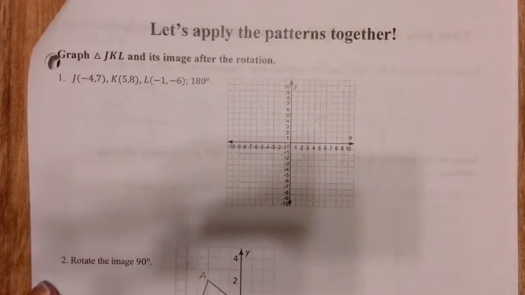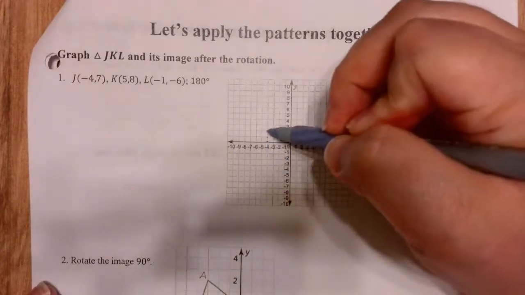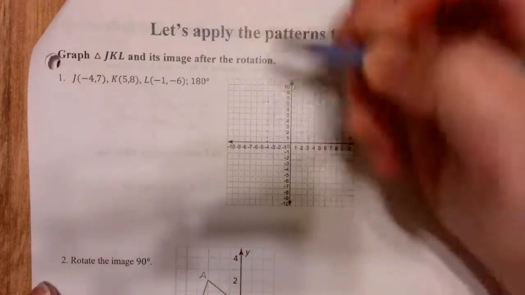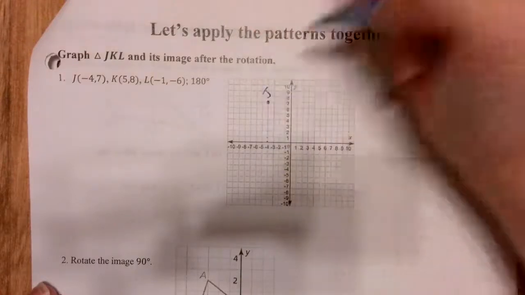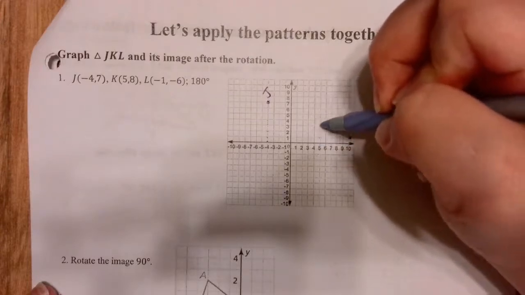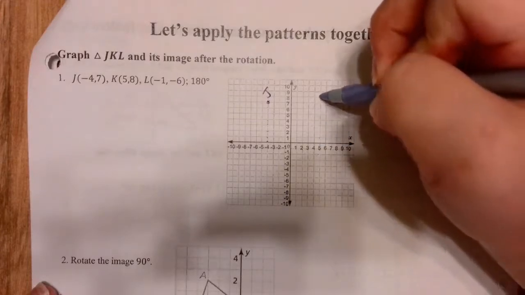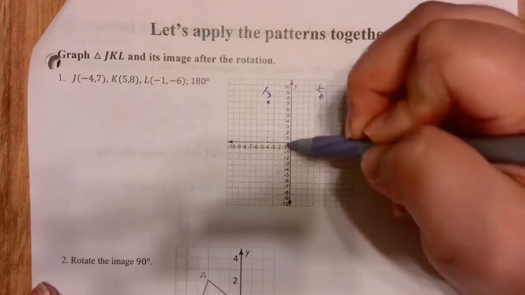J is -4, 7, so that means left 4, up 7. K is 5, 8. That means right 5, up 8. L is -1, -6.